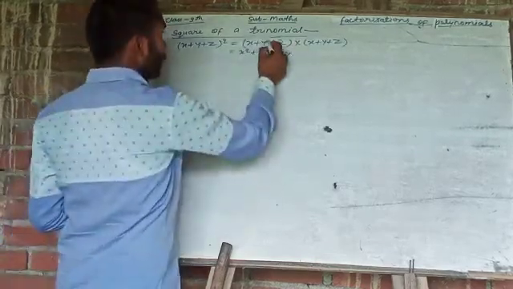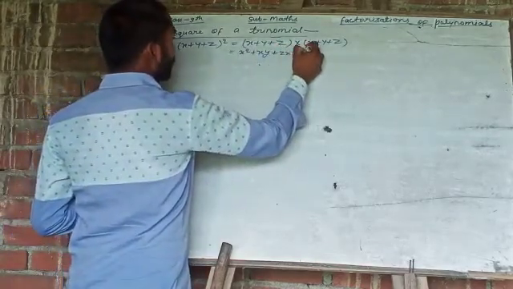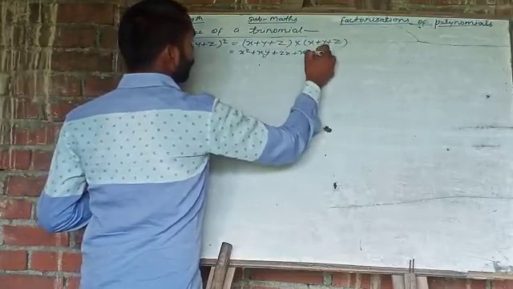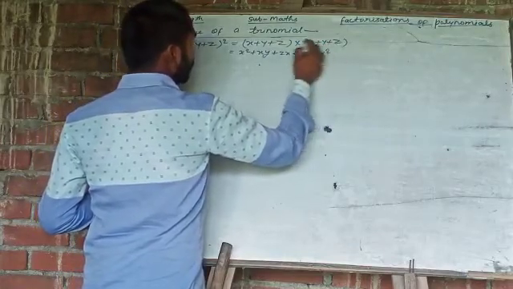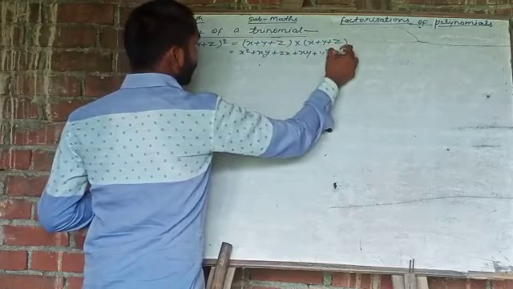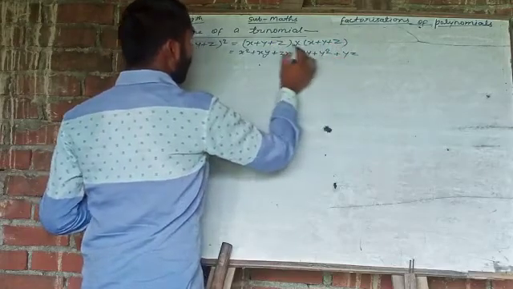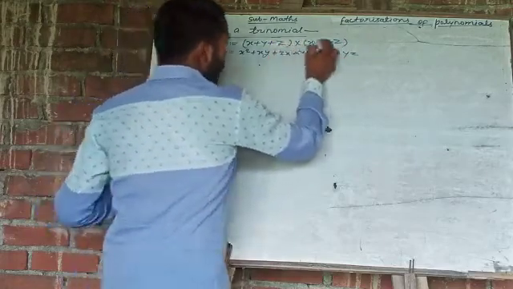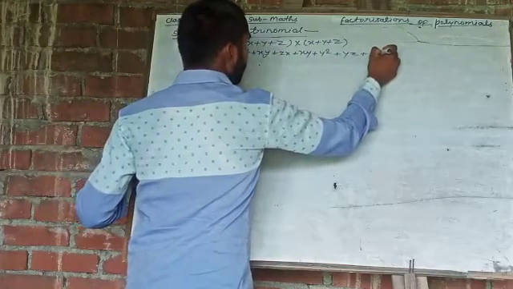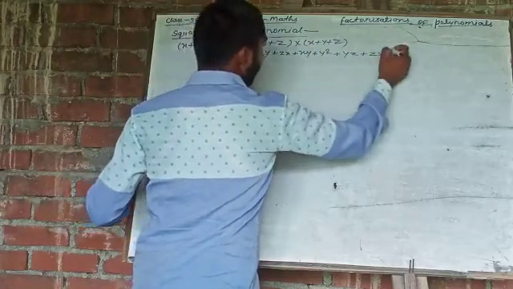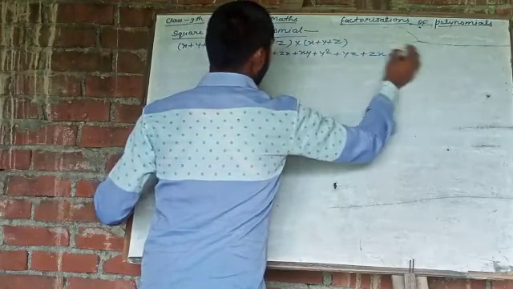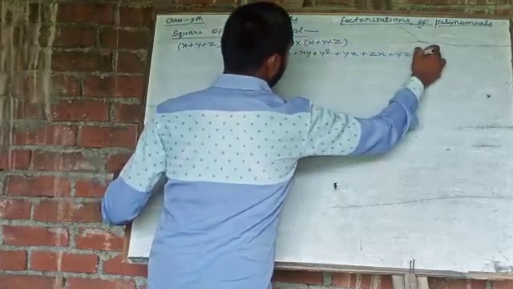Again, y multiplied by x will be xy. Again, y into y is y square, and y into z will be yz. Now at last, z into x will be zx. This one will be yz, and z into z will be z square.